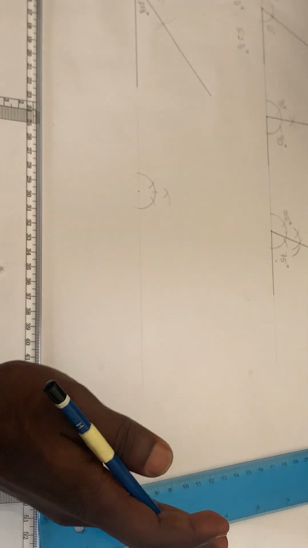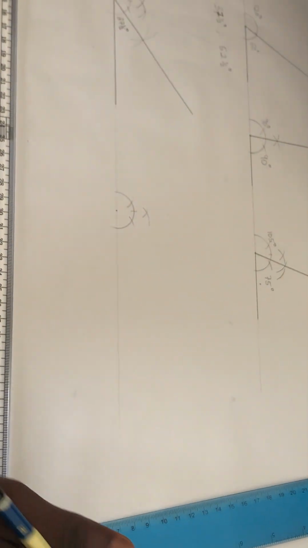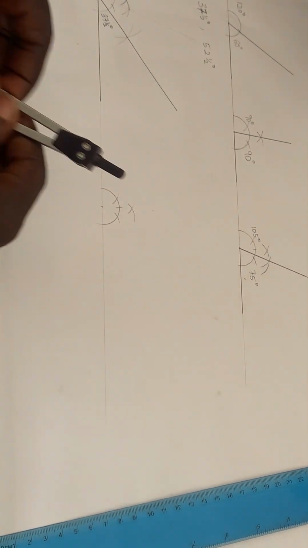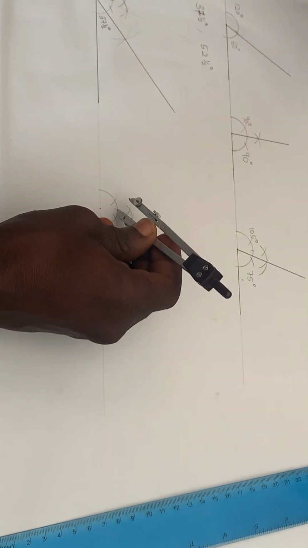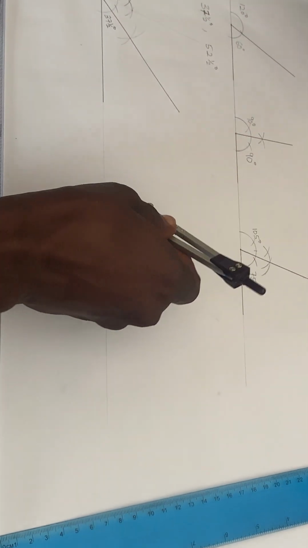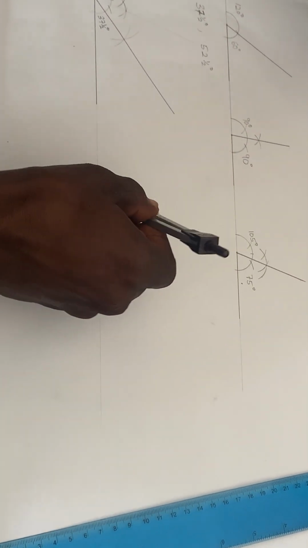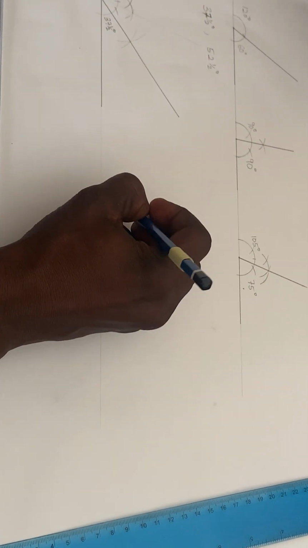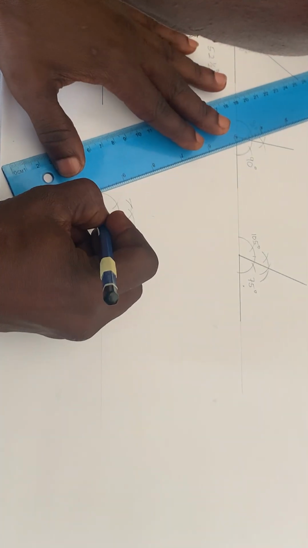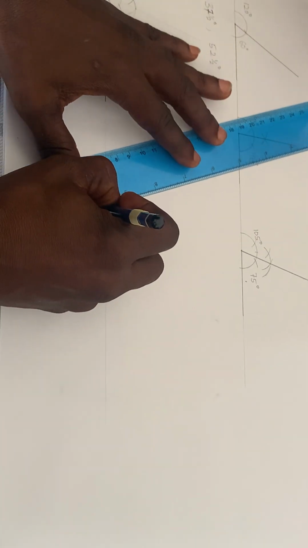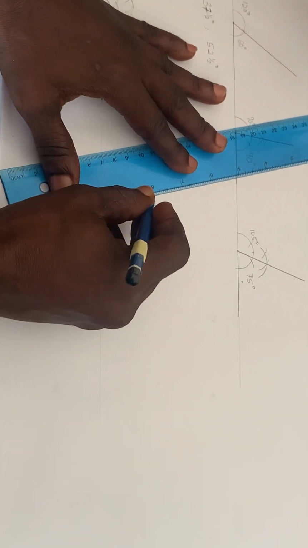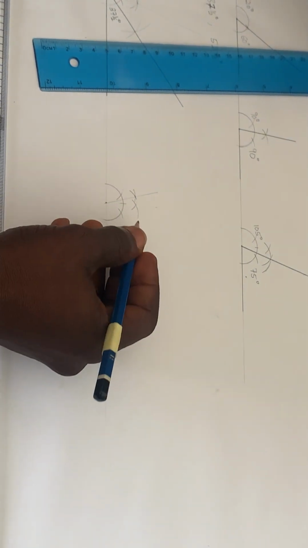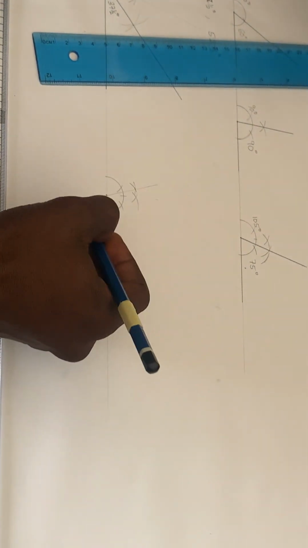So instead of constructing it here so that the 75 will not be here, I'll bisect this side. You understand? So now put my pair of compass here. So which means my 75 is now here. So I will bisect, this is my 105.